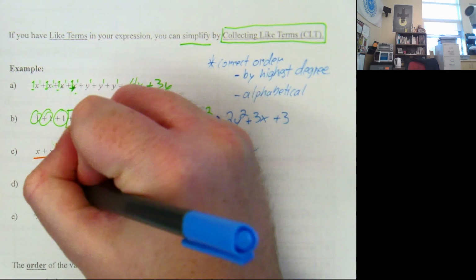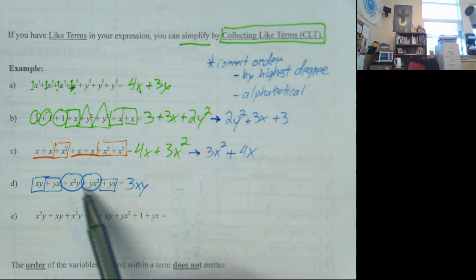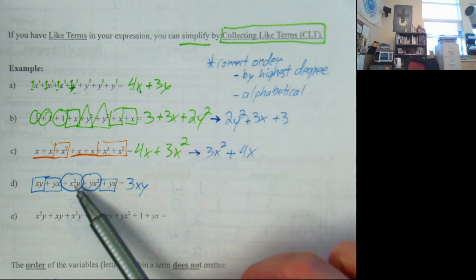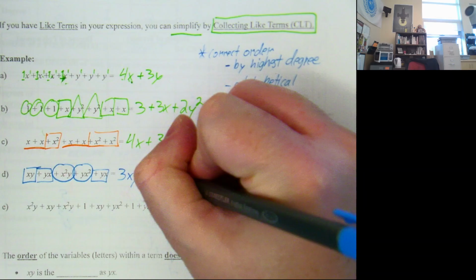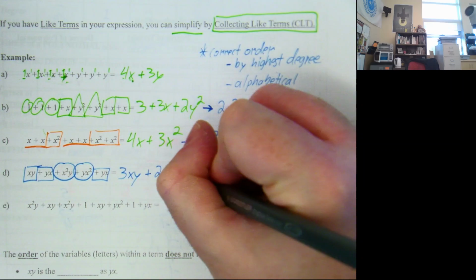So this and this are like, even though the order is different, the letters are the same, and the corresponding exponents are the same as well. So how many do I have? 2 of them. It's positive, so I'm going to have a 2, and I have to pick an order. We're going to go alphabetical, x squared y.